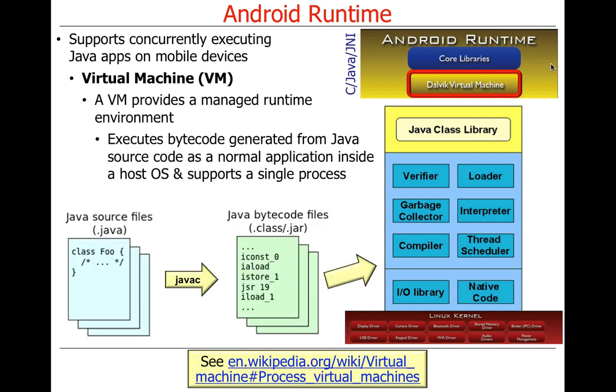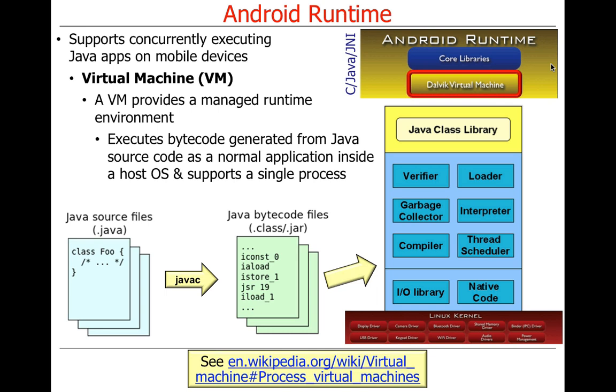Now, there's a couple of different kinds of virtual machines. There's what's called a system virtual machine, and things like VMware would be an example of that. And then there's also what's called a process virtual machine. What we're talking about here in Android is a process virtual machine. If you go here, you can find out more about what a process virtual machine is. What that basically does is it executes stuff, except it's not executing machine code. It's executing so-called byte code. And that byte code is actually generated from Java code via some kind of Java compiler.